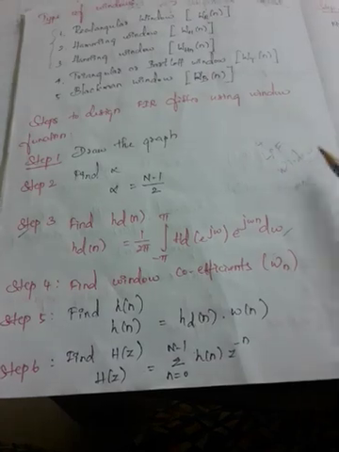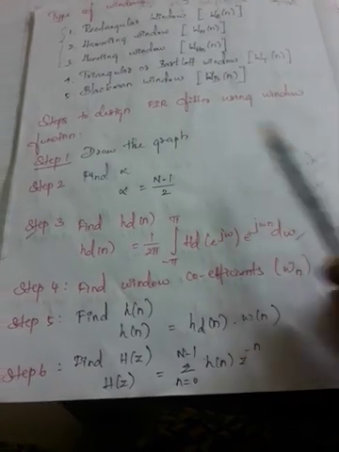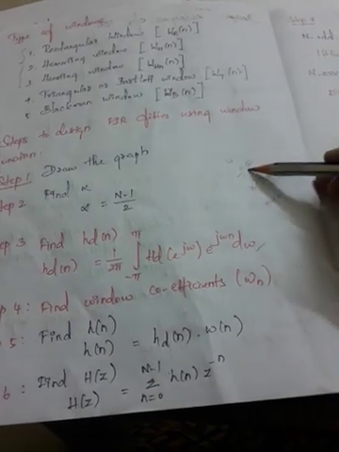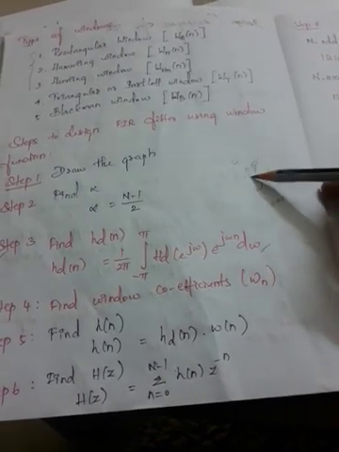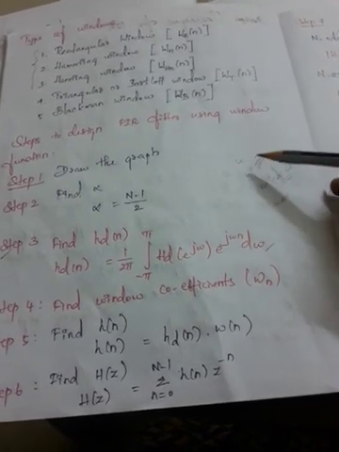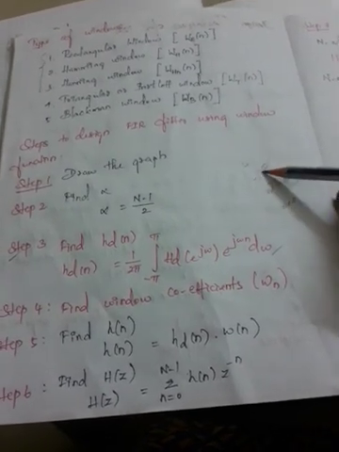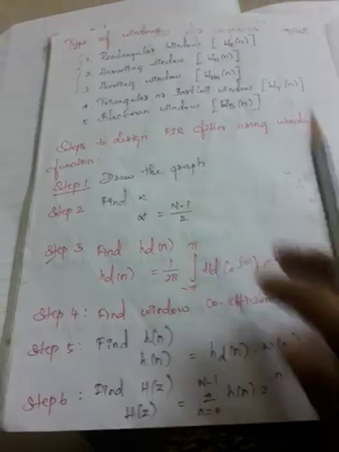First step is, in a given problem you have to find what the type of the problem is, that is whether it is low pass or high pass or band pass or band reject. Then you have to draw the graph, like this.